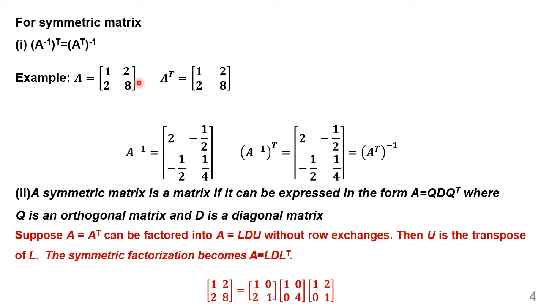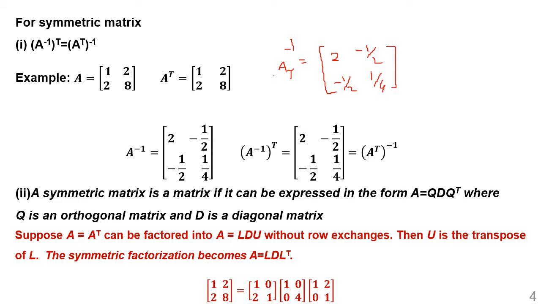Here A is given by [1, 2; 2, 8], and A transpose is given by [1, 2; 2, 8], because you know that in the case of a symmetric matrix, A is always equal to A transpose. If I take the inverse of this A transpose, I'm going to get [2, minus half; minus half, 1 by 4].